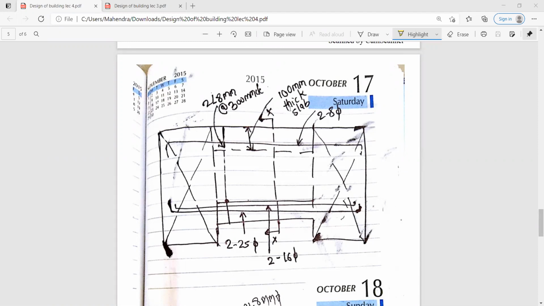Okay, completed up till here. Should I scroll it down? Okay.